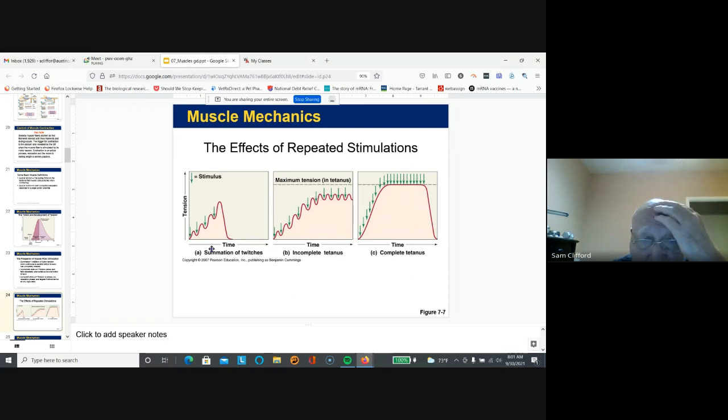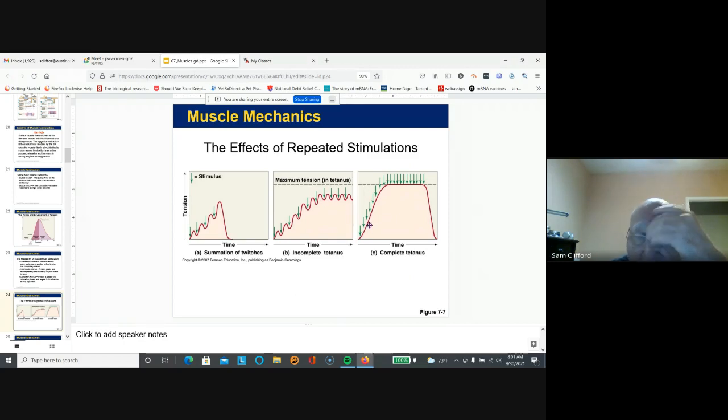So this is summation of twitches, and notice the distance between these stimuli from the nerve is getting closer and closer. You can look at the distance between one stimulus and the next. You can see that the distance has decreased a little bit. It's decreased even more, decreased even more.